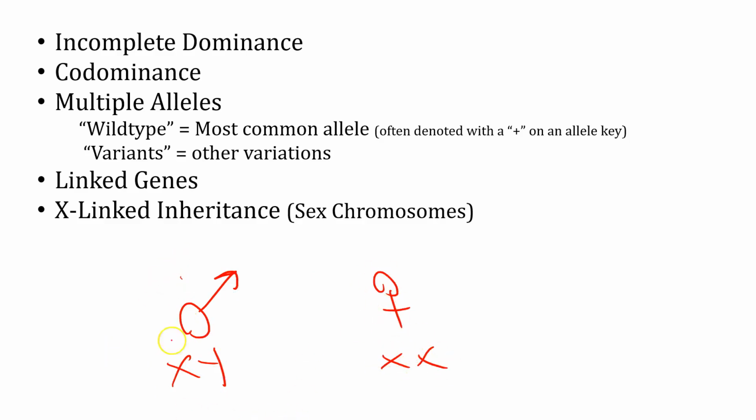So if there is a trait that's on the X, then men are going to probably be a little bit less likely to have any choice in the matter of what's inherited, because they're just going to inherit the X. Whereas women, if there's a trait on an X chromosome, they could either have the dominant or the recessive. Whereas men, if they have the dominant or the recessive, they're just going to have that dominant or recessive phenotype, because the Y doesn't really contribute much in this scenario. So these can be a little bit different.